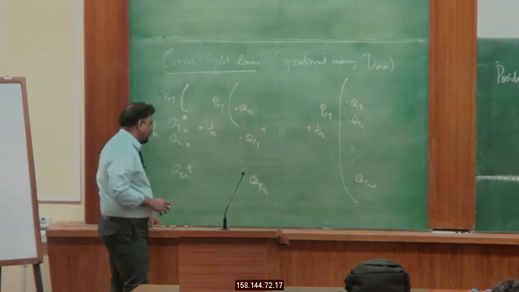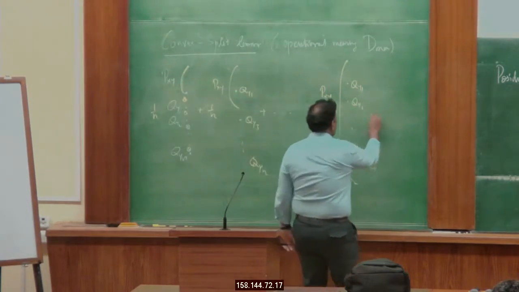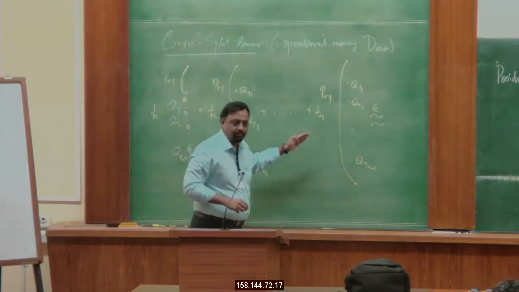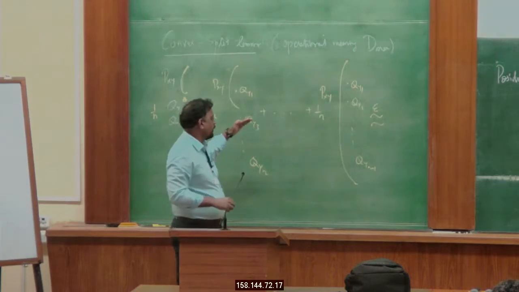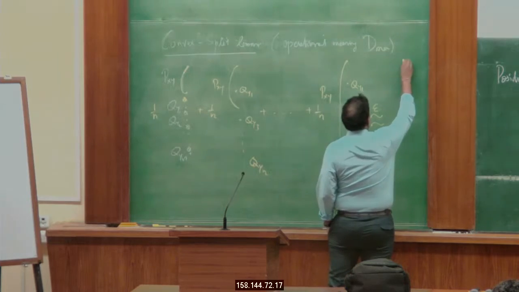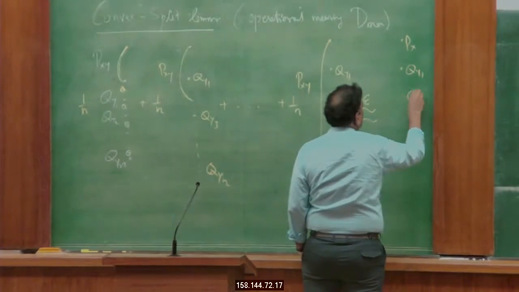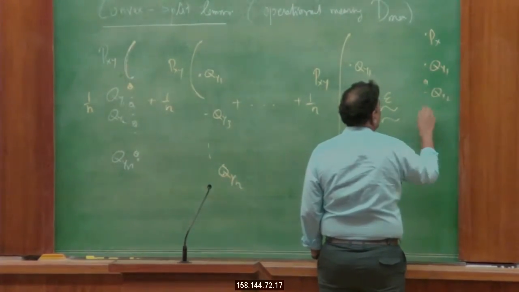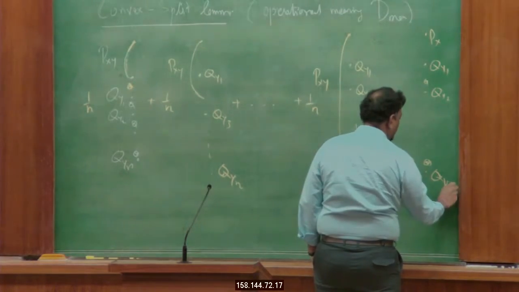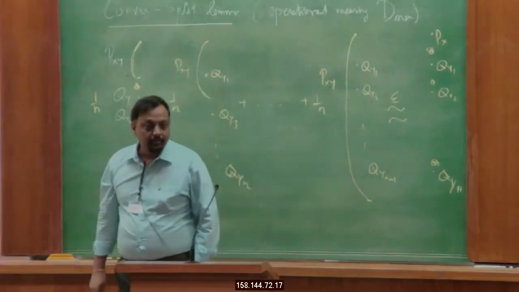Okay, now what happens with this? The thing that happens is that when n is large enough, this becomes close to essentially Px tensored with Qy1, Qy2, up to Qyn, all in tensor.